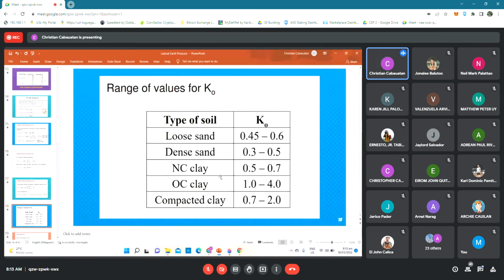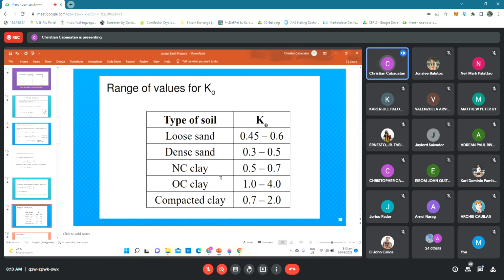So, if you are getting the value of your coefficient of lateral earth pressure, you can also check it against typical ranges. But if the layers of soil are not introduced, or the name of the soil is not given, you cannot determine what type of soil it is, therefore you cannot check.